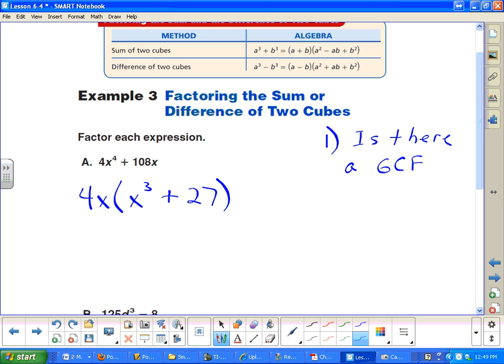So in this case, a is going to be x, that's the first thing that's cubed, and b is going to be 3, the second thing that's cubed. And from there, I go to the sum of two cubes, and I'm just going to plug in.